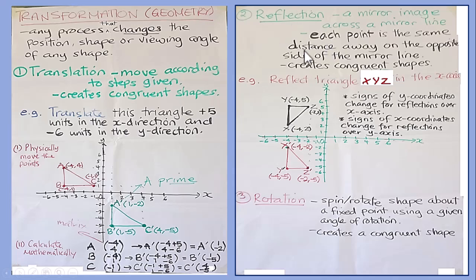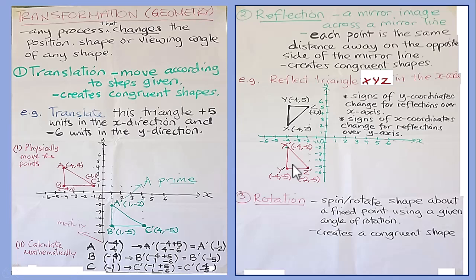The image is the same distance away from the mirror line as the object. If we look at the point on each corner of the image, they are the same distance away from the mirror line on the opposite side. And the image that is created is congruent, but this time the orientation or the viewing angle is different.